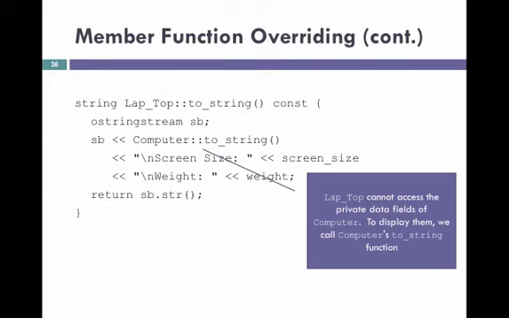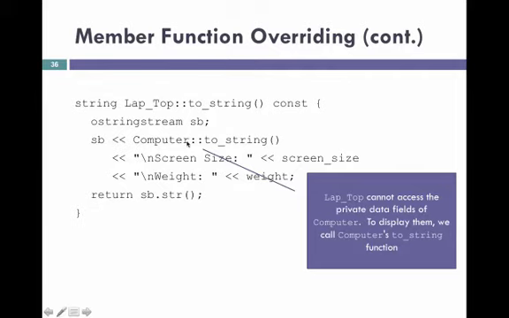And notice, even though laptop can't access the private data fields that are in computer, in this toString method we can invoke the toString method on the computer class. And then that's going to display the fields that this laptop class inherited from computer.